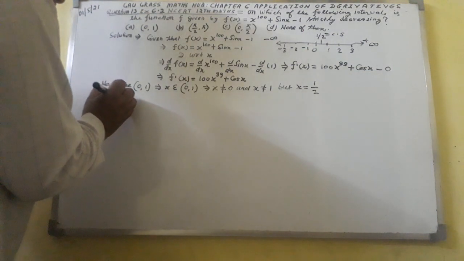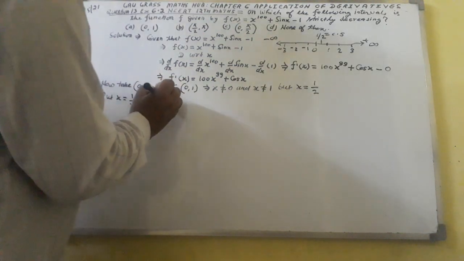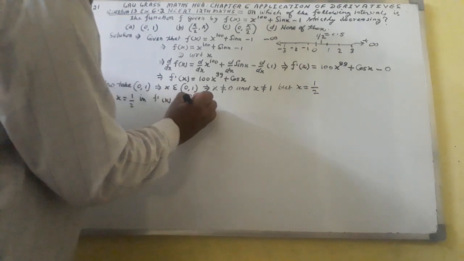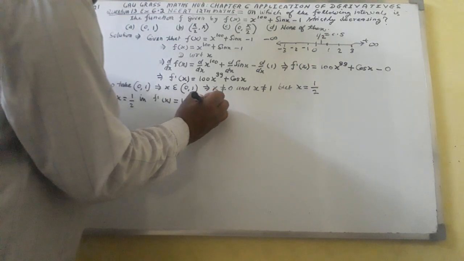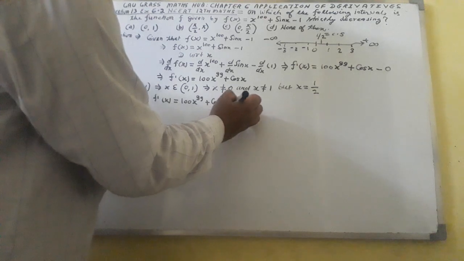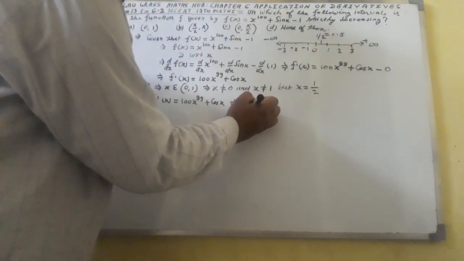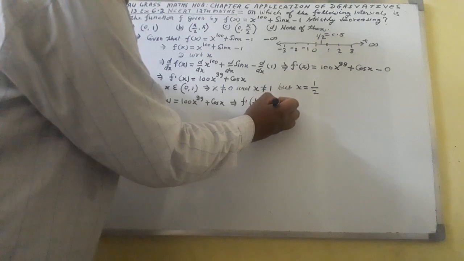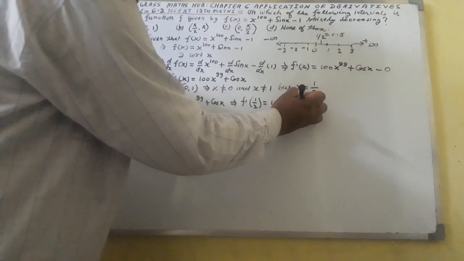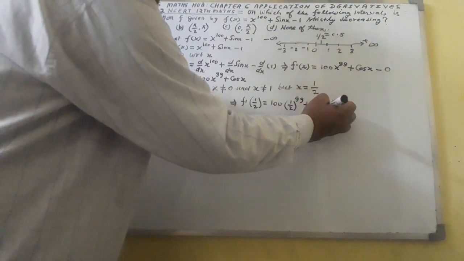Let us put x = 1/2 in f'(x) = 100x^99 + cos x. So f'(1/2) = 100 (1/2)^99 + cos(1/2), in place of x I write 1/2.